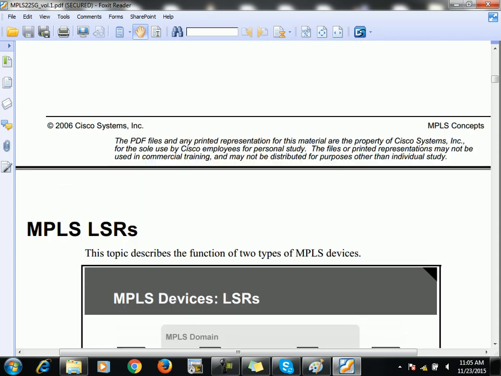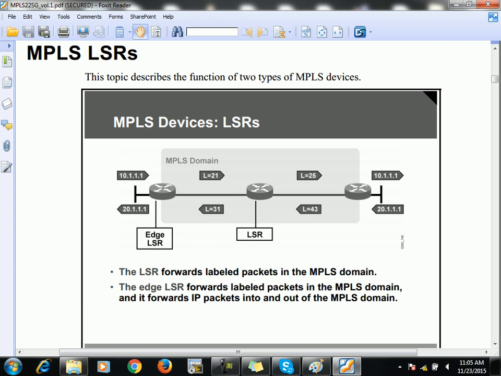You will have two types of LSRs: one is the simple LSR, label switch router, and the other is the Edge LSR.